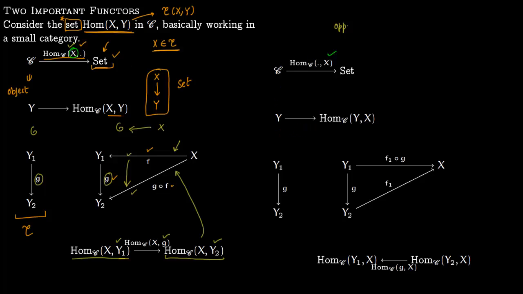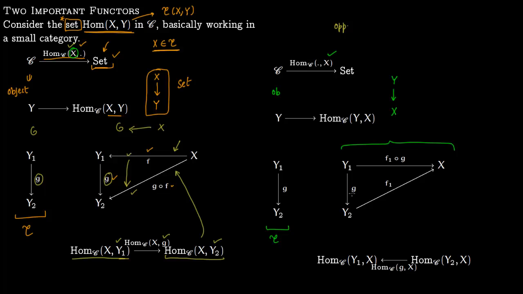So again, to every object y in category C, you apply an arrow, but now the arrow goes into X. So to every object y, you have an arrow which goes into X. So for every morphism like this, an arrow between two objects y1 and y2 in category C, you'll end up in Set like this.